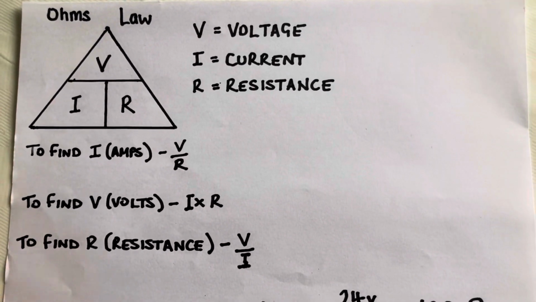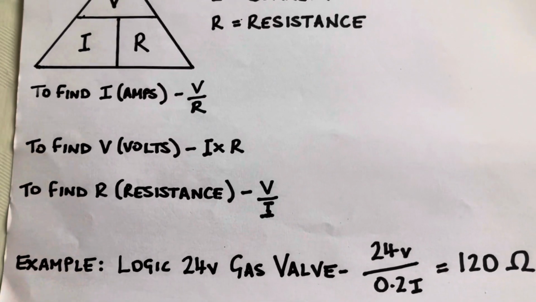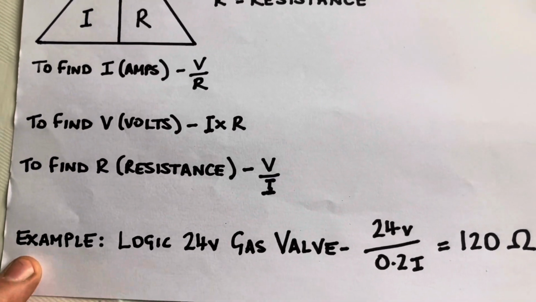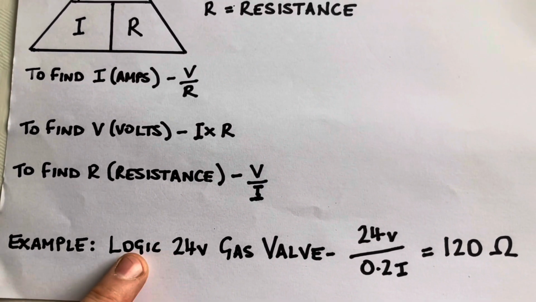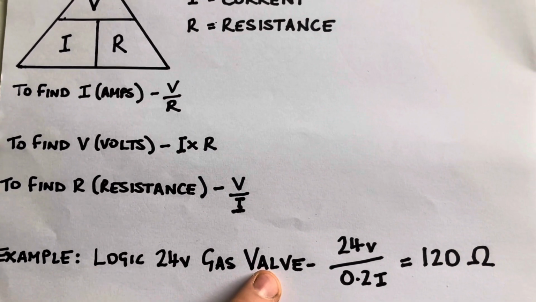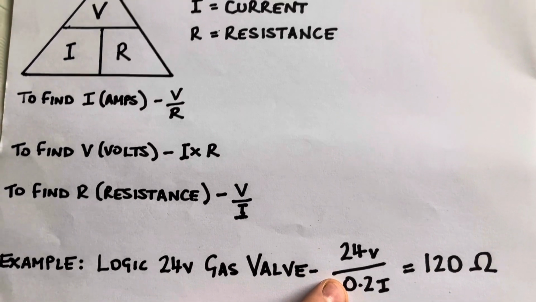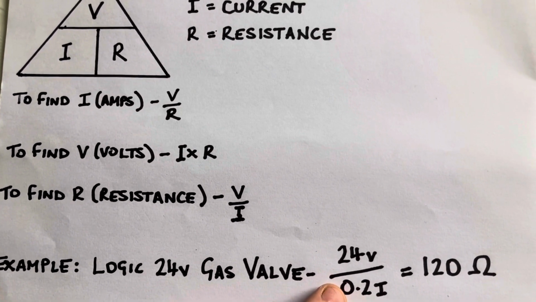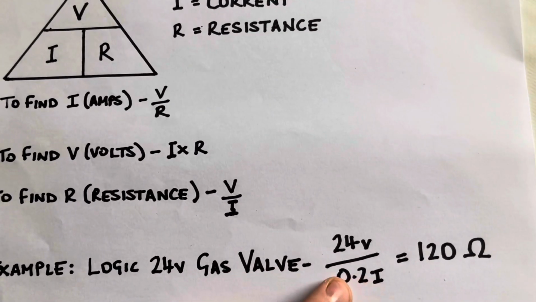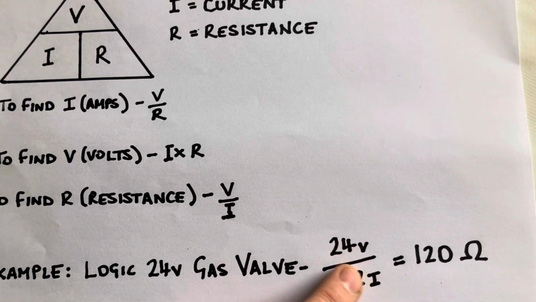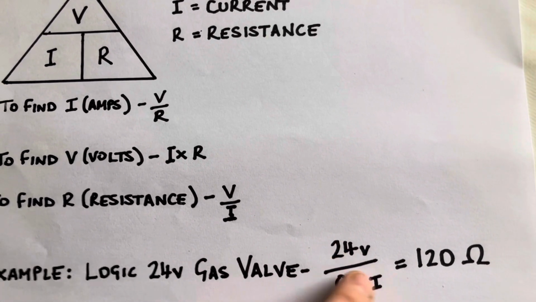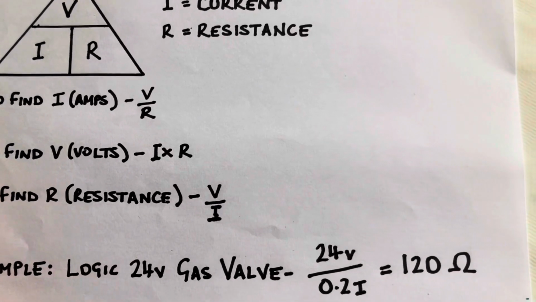And for an example, I'll show you this a bit later. We've got an Ideal Logic 24 volt gas valve. So we know it's 24 volts, and we know that the amperage pulling through it is 0.2 I, which is 0.2 amps. So if I divide 24 by 0.2, it gives me 120 ohms.